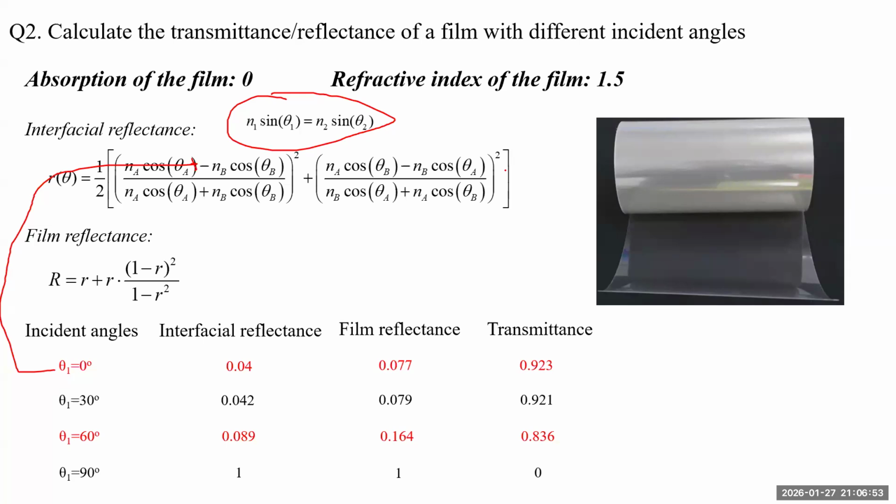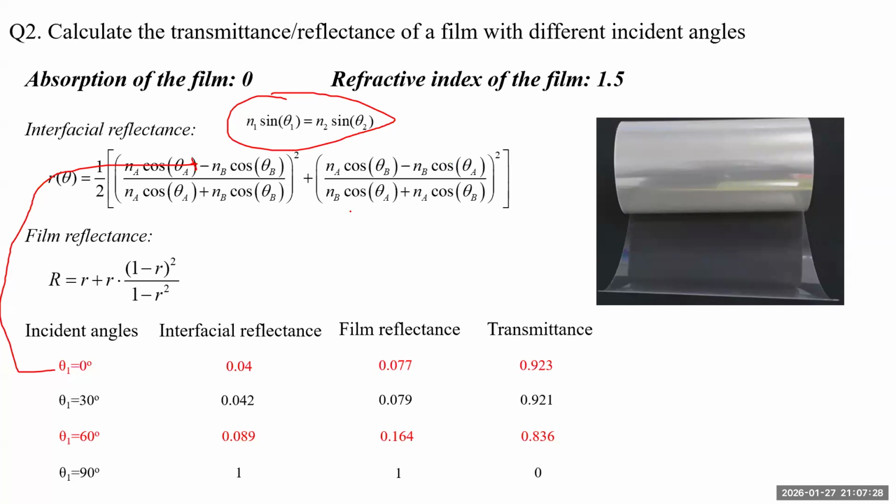When we assume this is air, and below is water, it has a refractive index of 1, and when light passes through the interface, it will experience refraction.